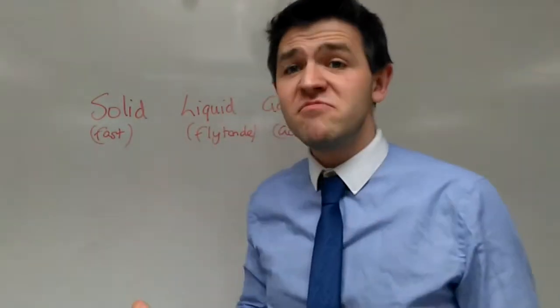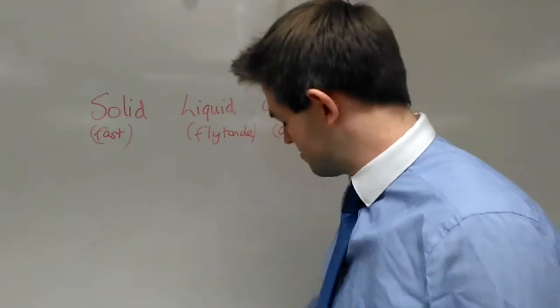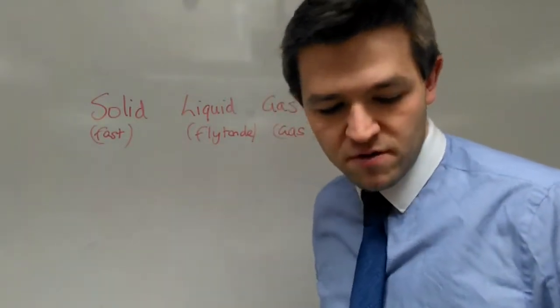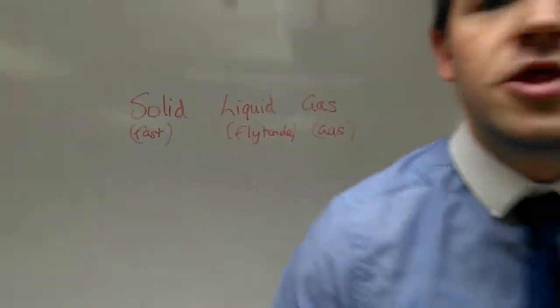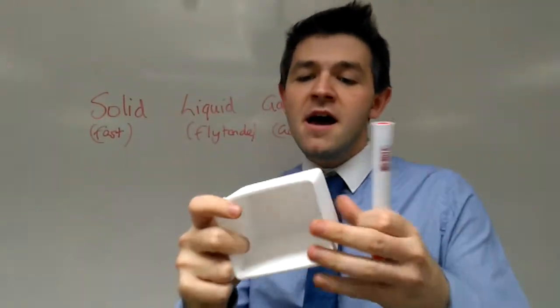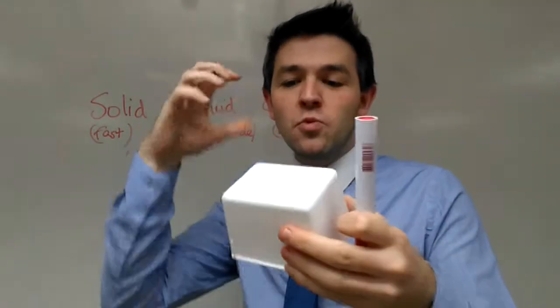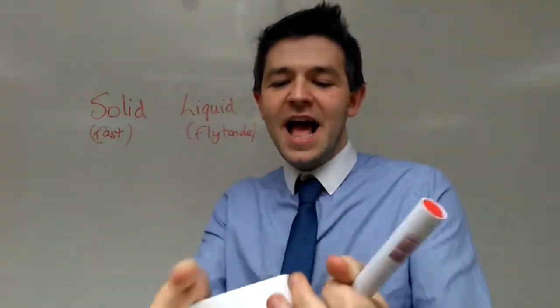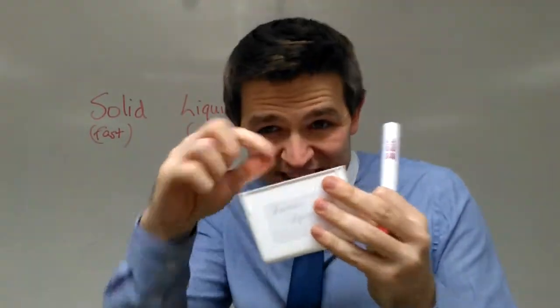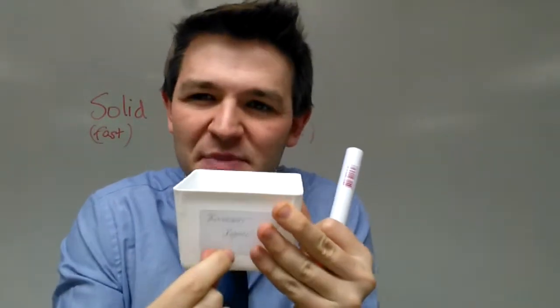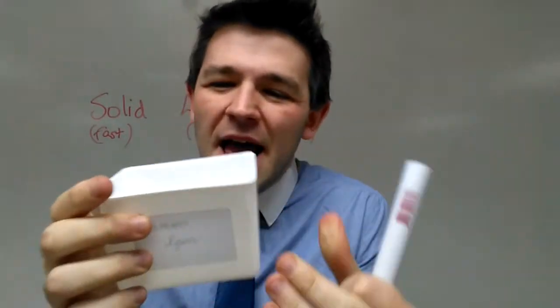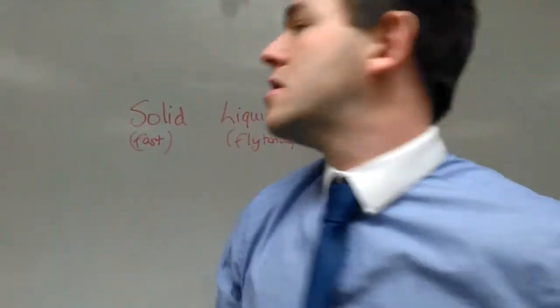Things that are solid are things like the pen, things like the tape, things like the box. Here, it is one object, and all of the atoms inside, they touch each other. The atoms are all the little bits of it here, the smallest bits, and they're all touching and they're all stuck to each other.